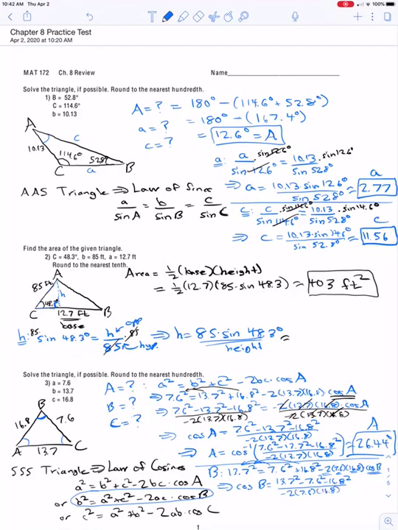And then you're going to use your inverse feature. So B will equal cosine inverse of that fraction. So we swap it out. And you can plug that into your calculator and come up with your angle measurement for B.